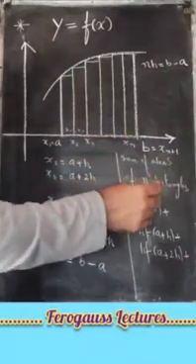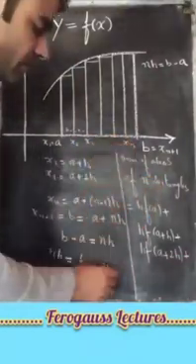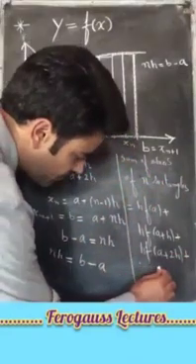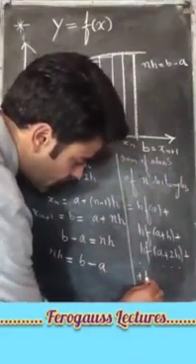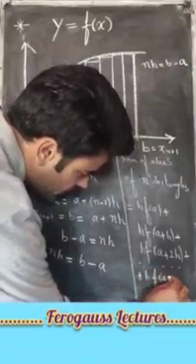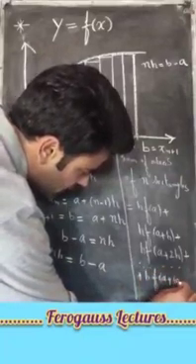The area of the nth rectangle is h into f(a plus (n minus 1)h).